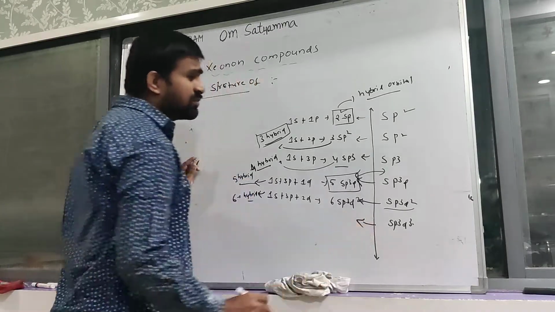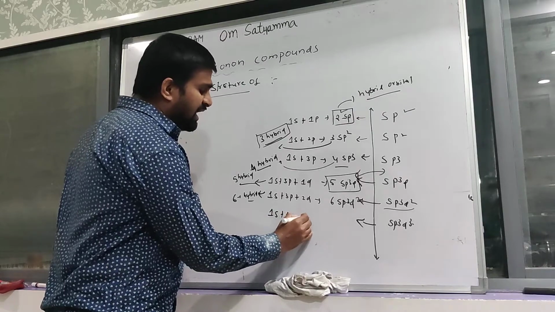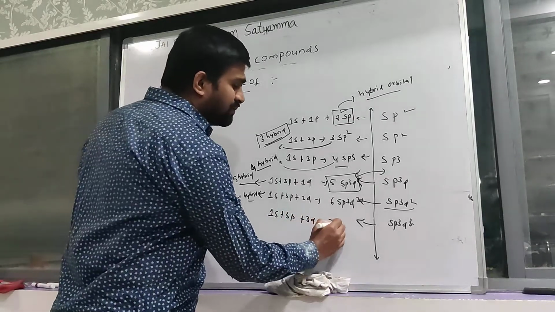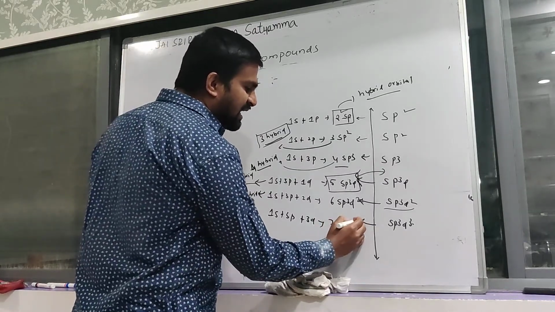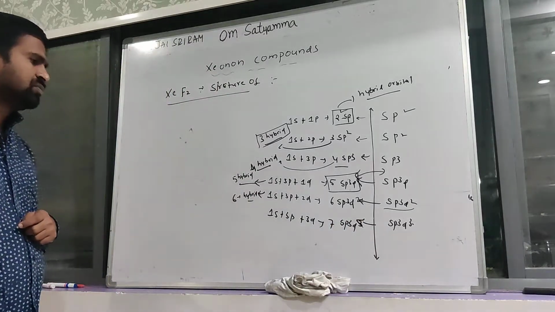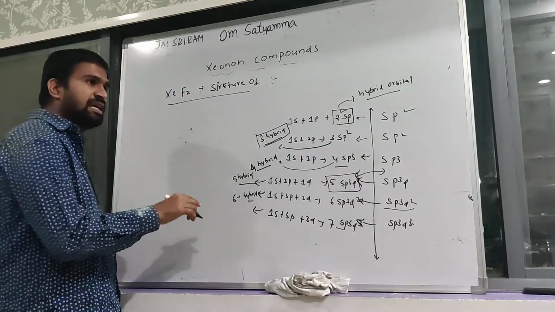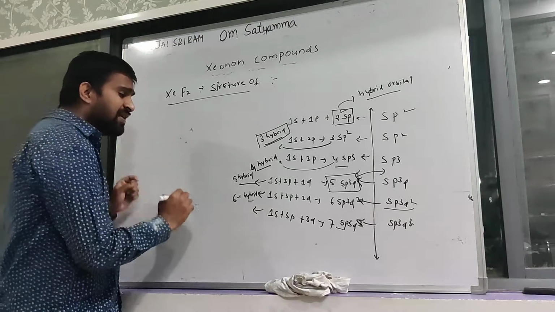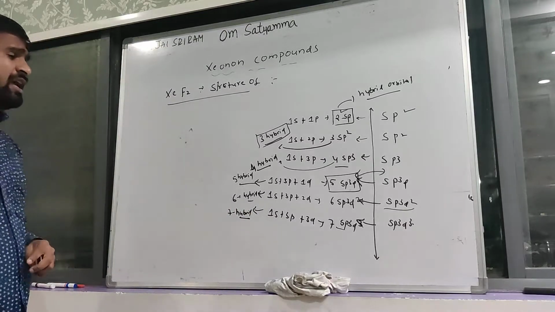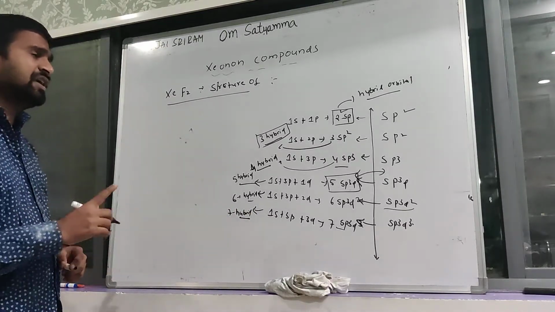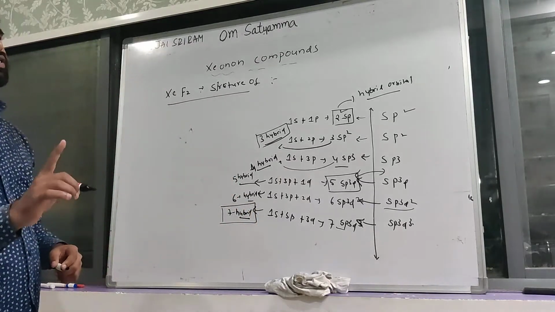Next one, sp3d3 hybridization. One s orbital, 3 p orbitals and 3 d orbitals intermix to form 7 new equivalent hybrid orbitals. These 7 new equivalent hybrid orbitals are called sp3d3 hybrid orbitals, and this is known as sp3d3 hybridization. 7 hybrid orbitals are present. If the central atom of a compound has 7 hybrid orbitals, that central atom undergoes sp3d3 hybridization.